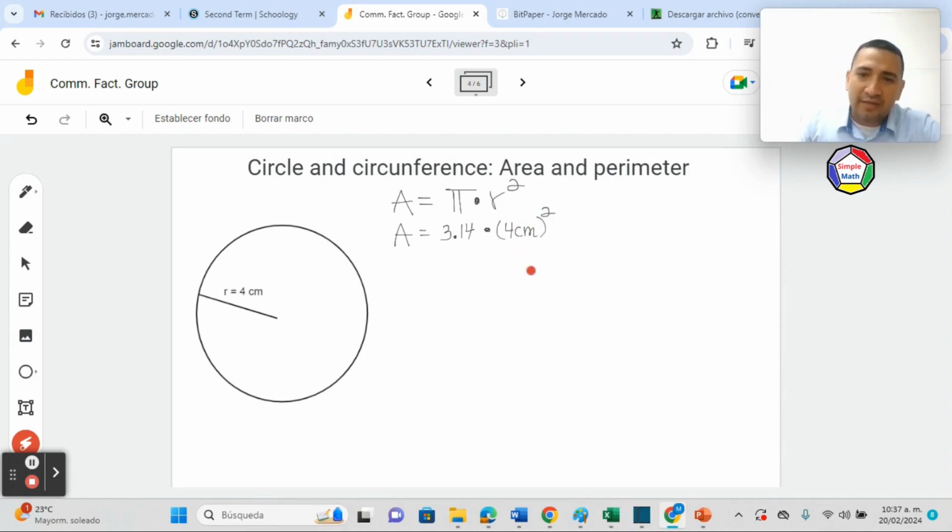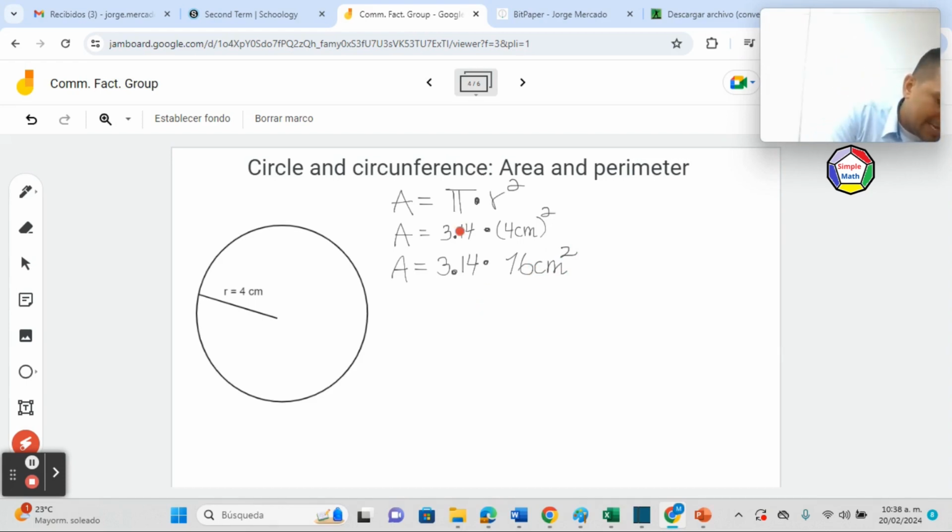So let's calculate first 4 centimeters squared. So again, the area is 3.14 times, how much is 4 centimeters squared? It is 16 centimeters squared.